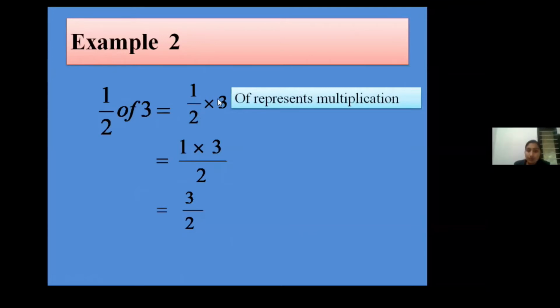We multiply the whole number with the numerator, that is 1 into 3 by 2. 1 into 3 is 3. So the answer is 3 by 2. Is it clear?